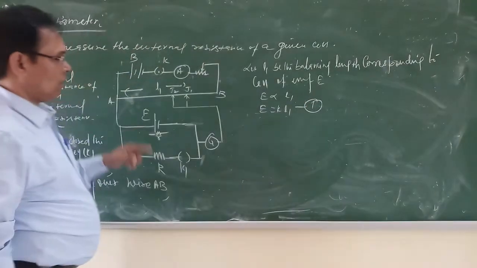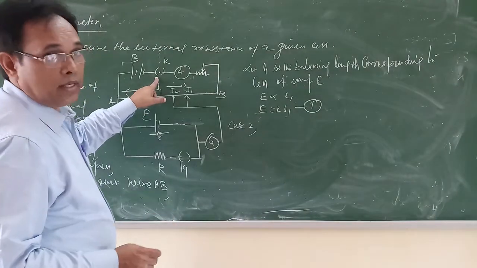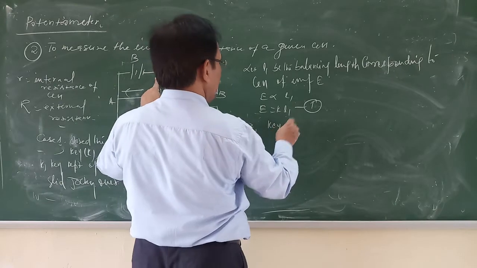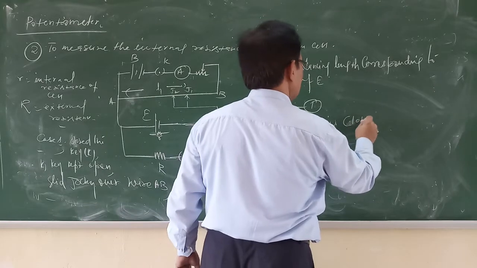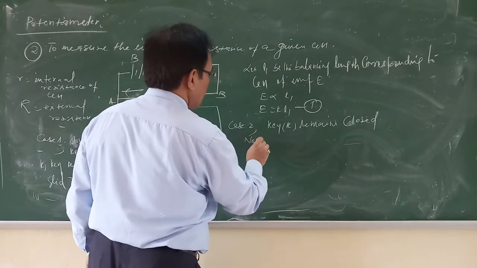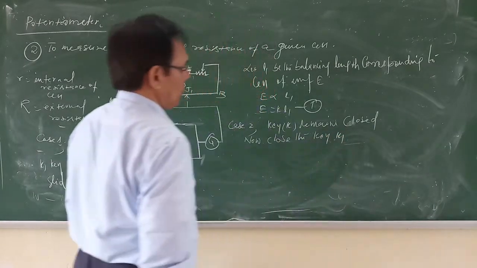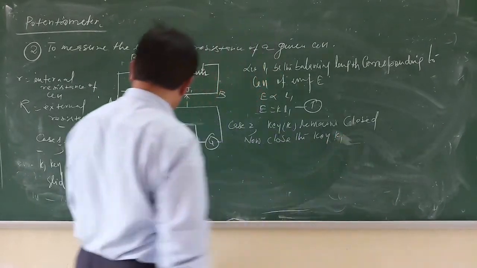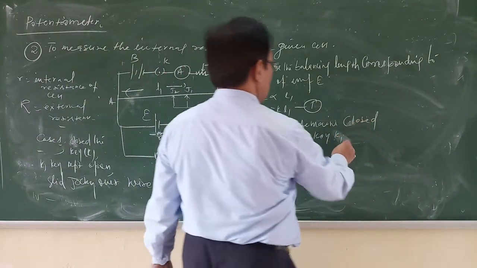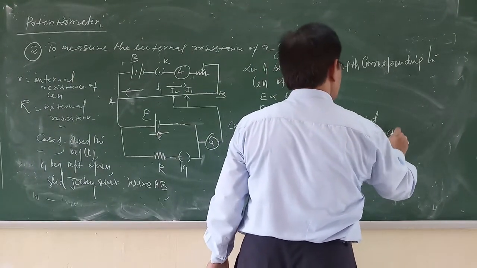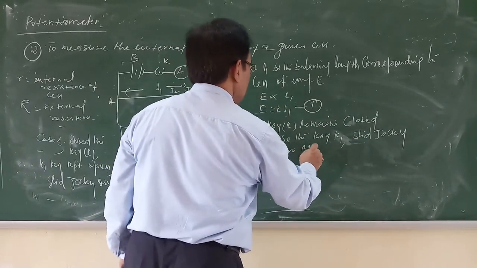This is equation 1. Now in the second case, case 2, key K remains closed, and now close the key K1. Then slide the jockey over the wire AB.